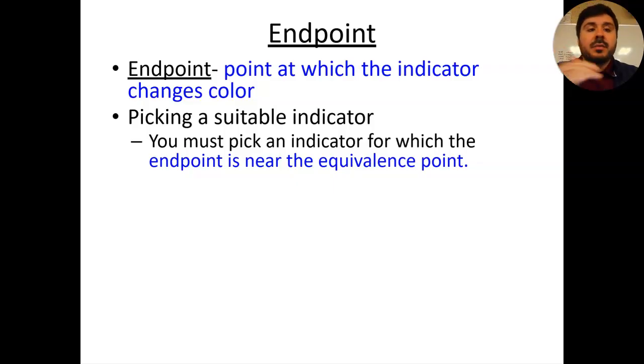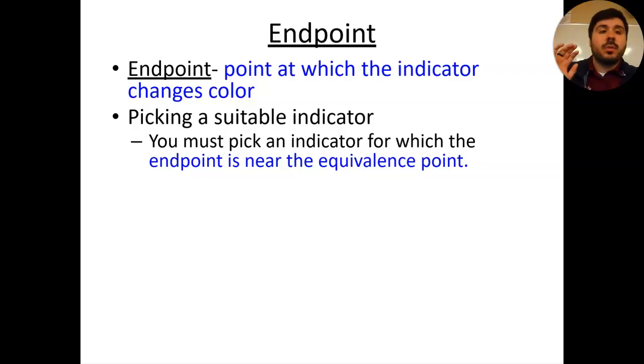Okay, the end point is very close to the equivalence point. Okay, you want to make sure that your indicator is changing colors when you are reaching the equivalence point, right? When neutralization is occurring. Okay, if the indicator doesn't change colors when the neutralization occurs, that's going to make it very difficult to tell when to stop adding your amount of base, in this case here, right?